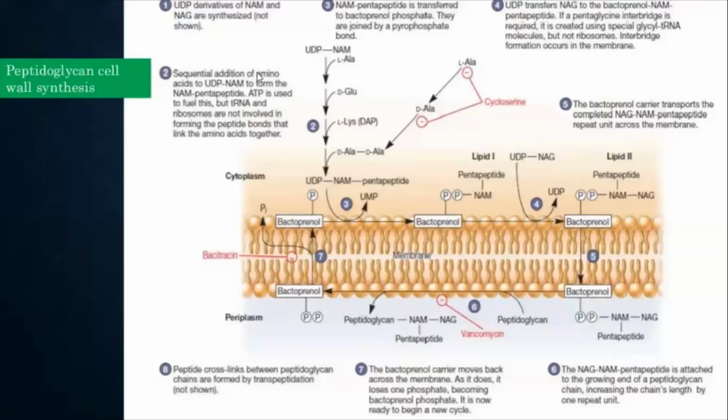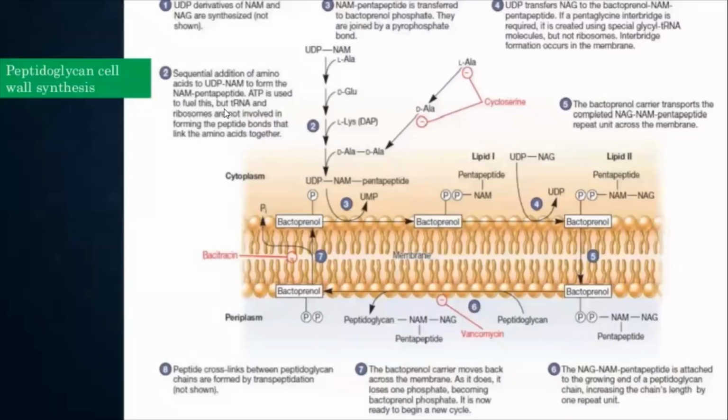Okay, the first thing is that UDP derivatives of NAM and NAG are synthesized. So here it is not shown. That's why in the earlier slides I mentioned how the NAM and NAG are synthesized. So once you have this, then what? UDP NAM is there. Okay, now what is happening? Sequential addition of amino acids to form the NAM pentapeptide. ATP is used.